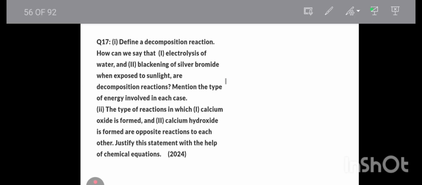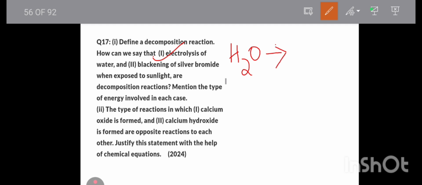Okay. So first, define a decomposition reaction. Decomposition reaction means a single reactant will be decomposing and producing simpler products. So first, electrolysis of water. Water we will be taking, and to this we will be passing electricity.